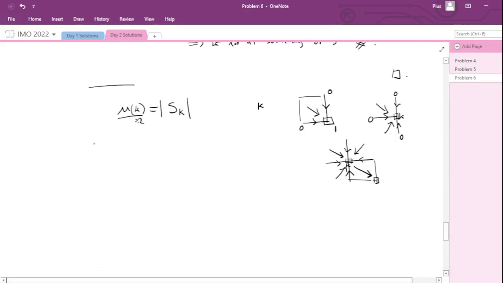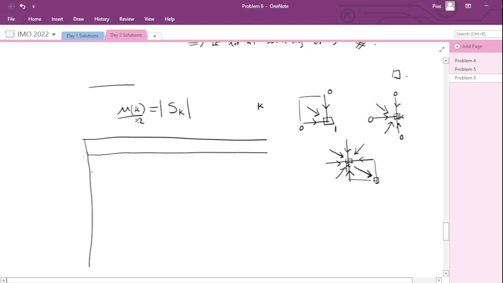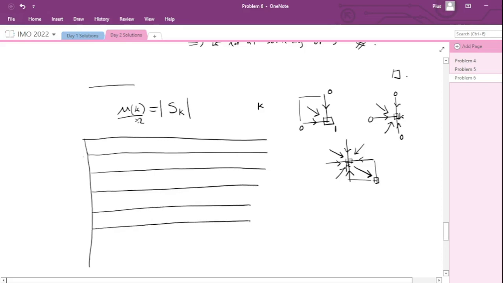Okay. So first of all, I'm just going to draw a grid. So let's say we have something like this.